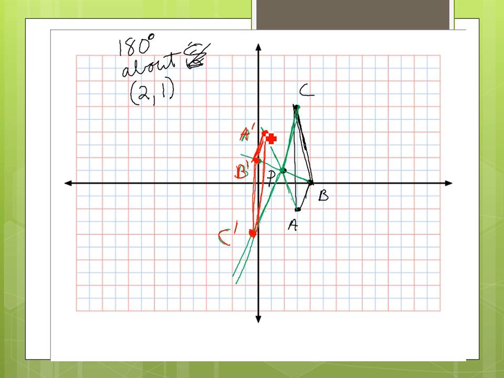About the same shape, just rotated around 180 degrees. Looks like my B should probably be out here a little farther. So rotating around that 180 degrees, this shape right here looks about the same. Colored in, so you can't see my mess up.